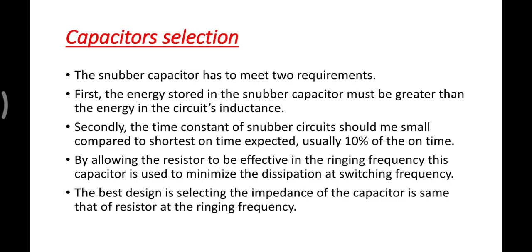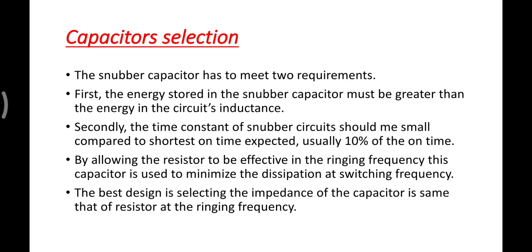How is the capacitor selected? The capacitor we select in this snubber circuit must meet two requirements. What are those requirements? The first one is that the energy stored in the capacitor must be greater than the energy in the circuit's inductors.